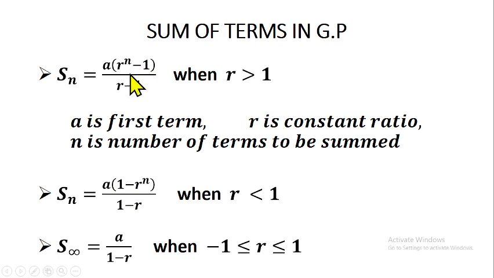Take note of that. And whatever you are having at the top is what you are having down here as well. I hope you can differentiate that. And you can see that the r is the one carrying the power of n. So we have to sum to infinity as well. This is infinity: a over 1 minus r. Are we there? So let's see how we can use these three formulas to sum terms in GP.